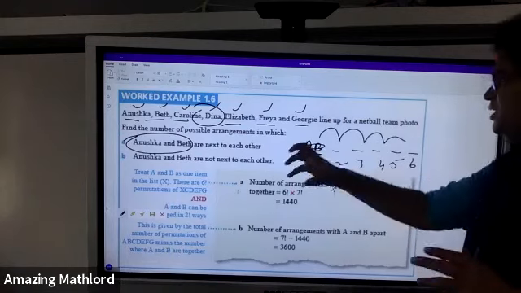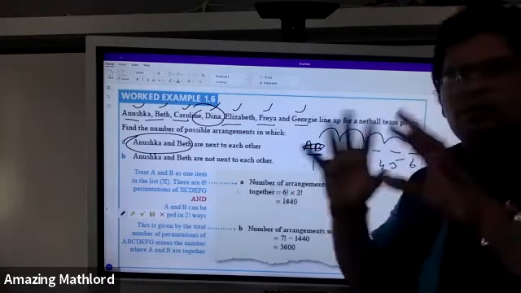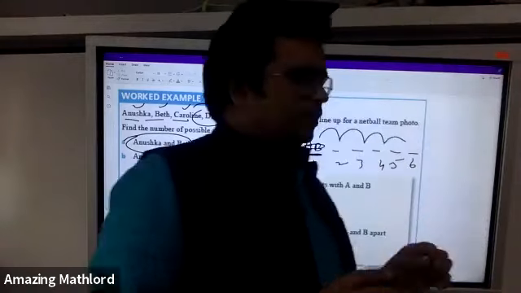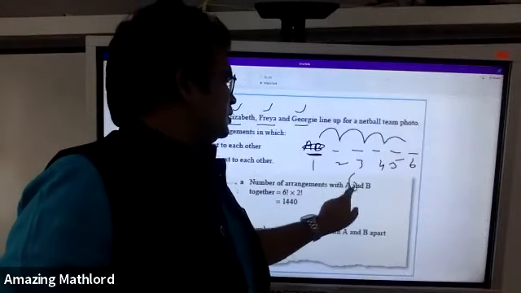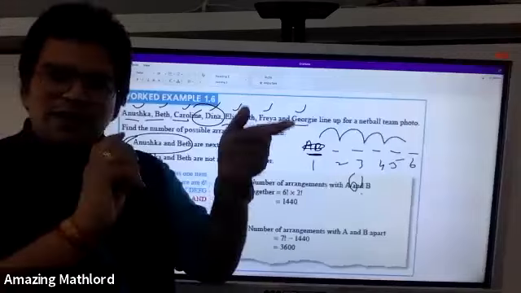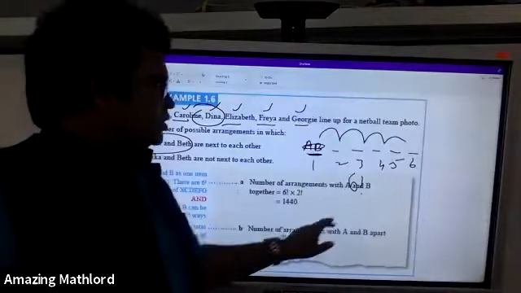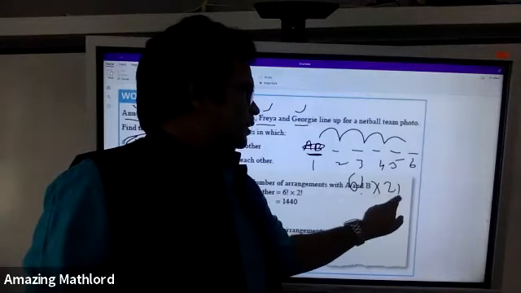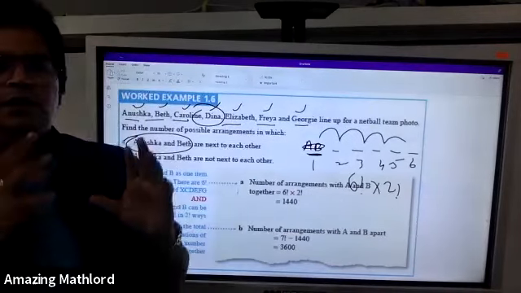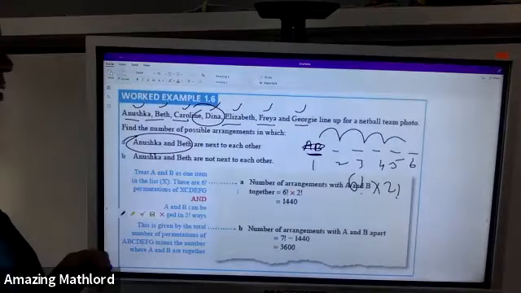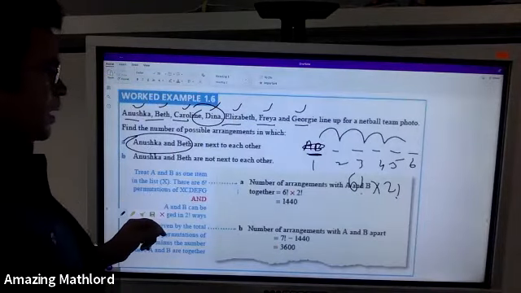These 6 can be shuffled among themselves in 6 factorial ways. And then Anushka and Beth can also be shuffled among themselves, so it will be 6 factorial times 2 factorial ways. So this is basically the answer to the first one.